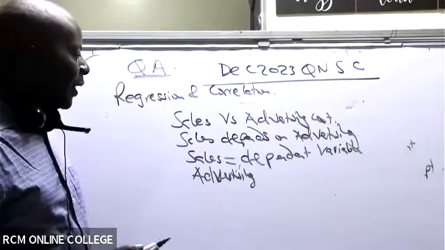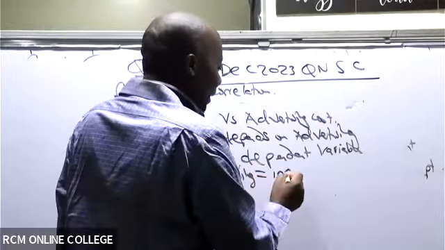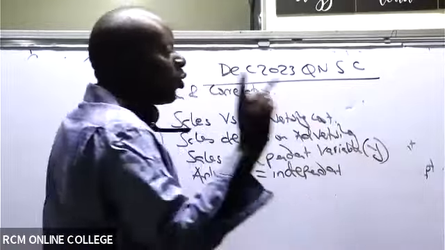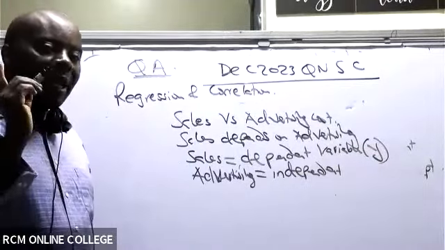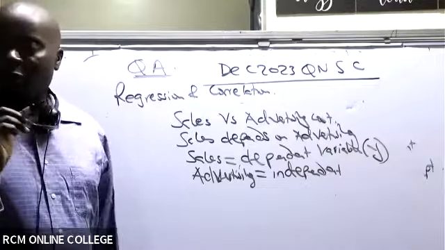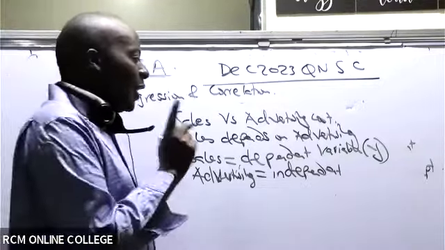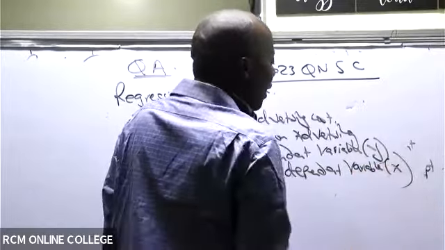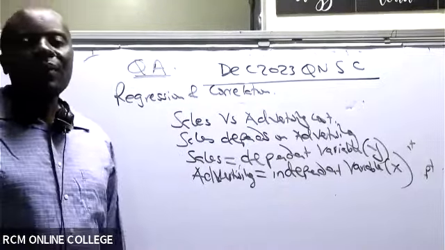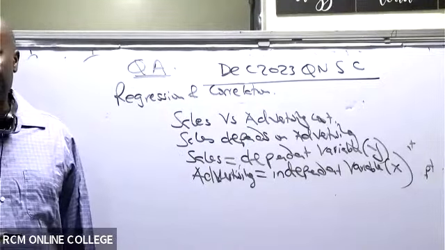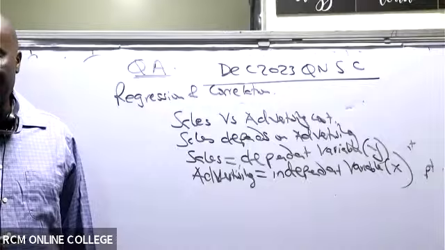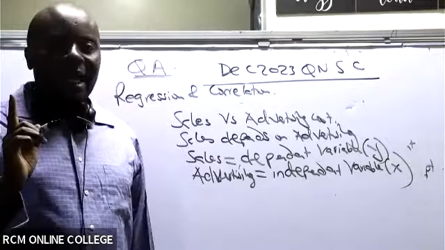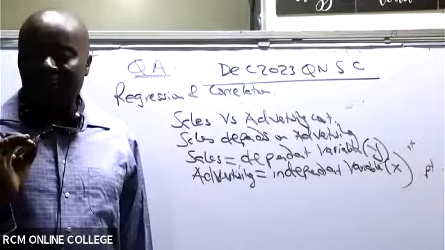So now the advertising cost will become the independent variable. Remember, the dependent variable is always your Y variable, and the independent variable will be your X. So always remember, dependent is Y and the independent is X.